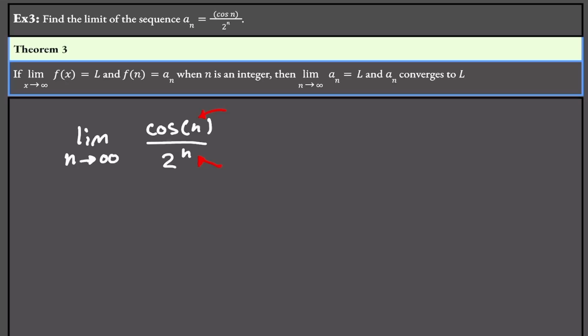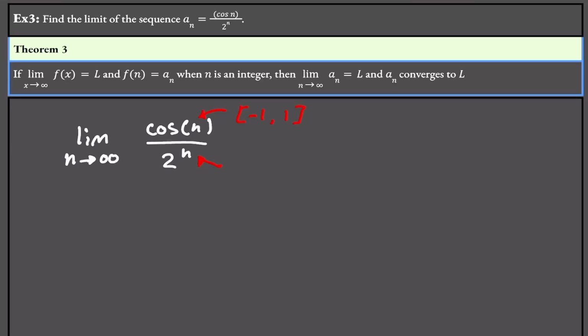If we were to plug in infinity there, we have to recognize that the range for cosine is between -1 and 1. We can look at that for right now and then start talking about the denominator and make our assumption of what's going to happen.